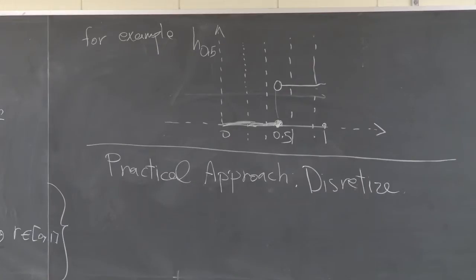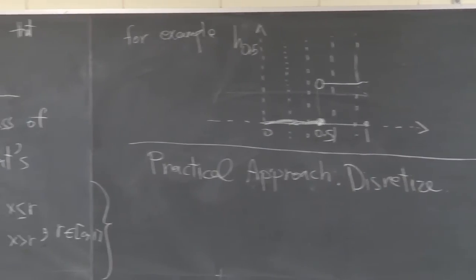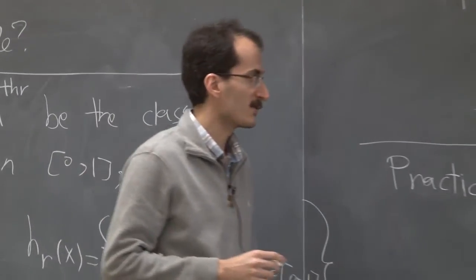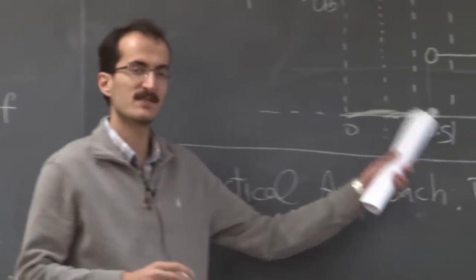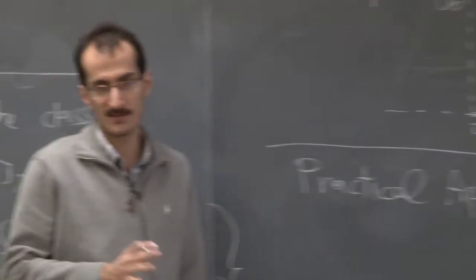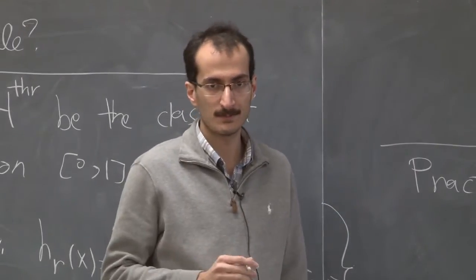So that makes the class finite, and it could be a good approximation for the class, because for every threshold we have some hypothesis that is close to that, and it might work.